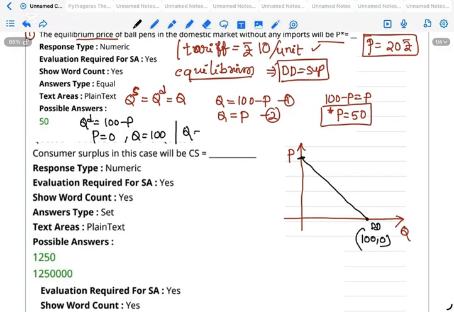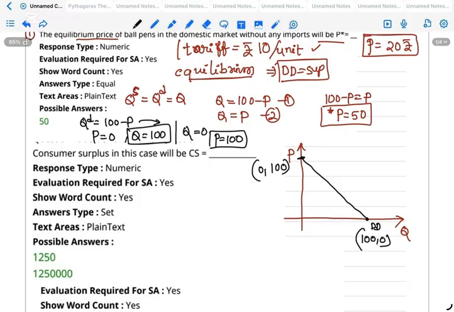When quantity equals 0, P equals 100. This point is 0 comma 100. So the y-intercept is 0 comma 100, and the x-intercept is 100 comma 0.